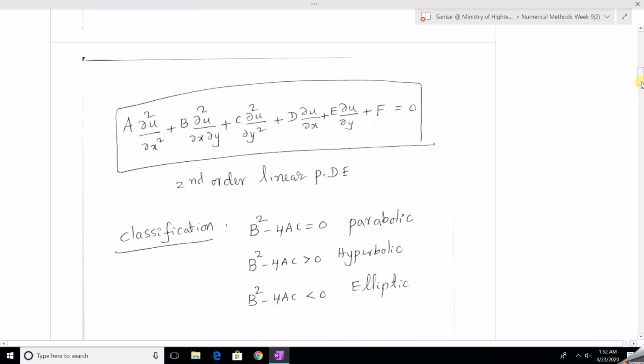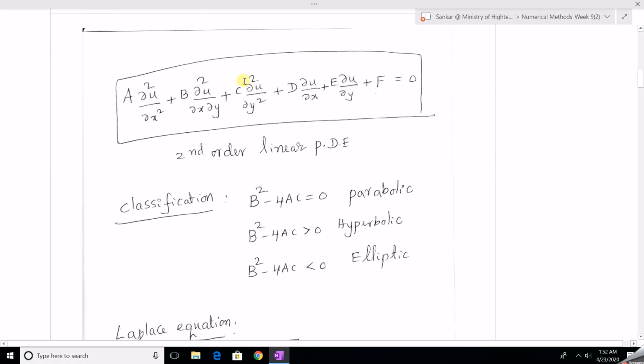Now let us look at a general second order partial differential equation. So this is a general second order partial differential equation. A dou square u over dou x square plus b dou square u over dou x dou y plus c dou square u over dou y square plus d dou u over dou x plus e dou u over dou y plus f equals 0.